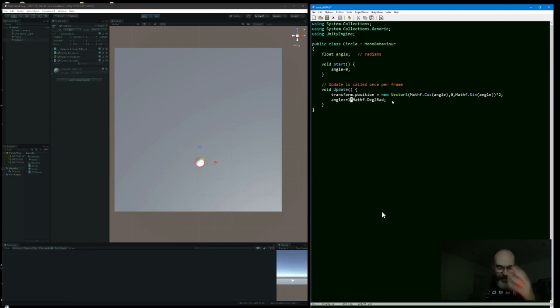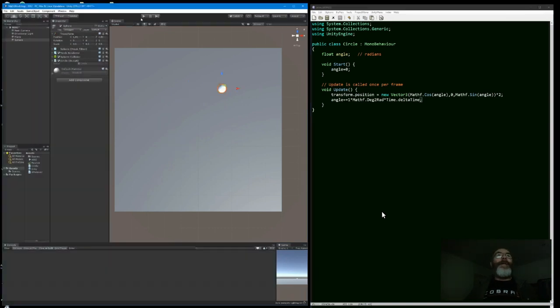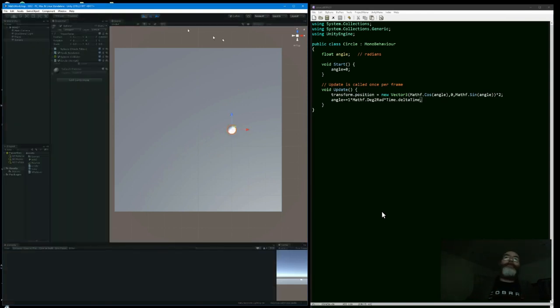So then, of course, you might say, well, let's multiply this by Time.deltaTime. Now, if we do that, what we are saying is we're taking into account the amount of time that has passed every time the update is called, and it is moving.